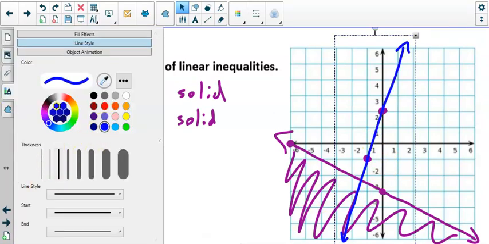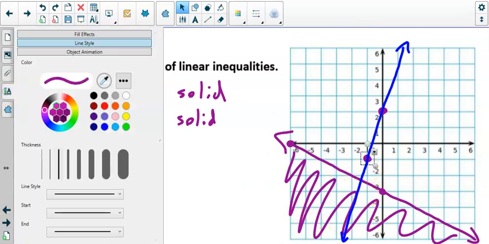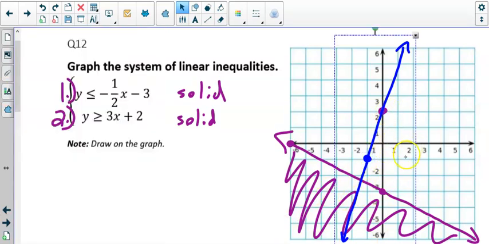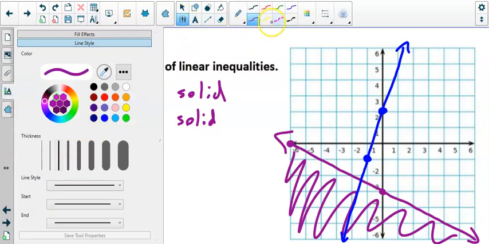Let's make it blue. Make sure that I'm in blue.